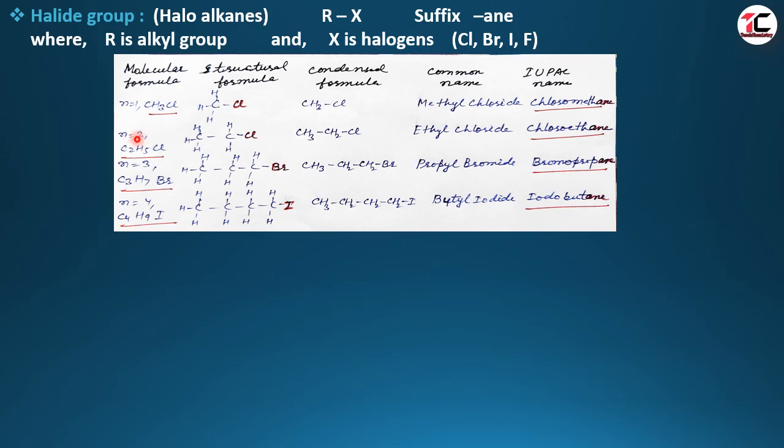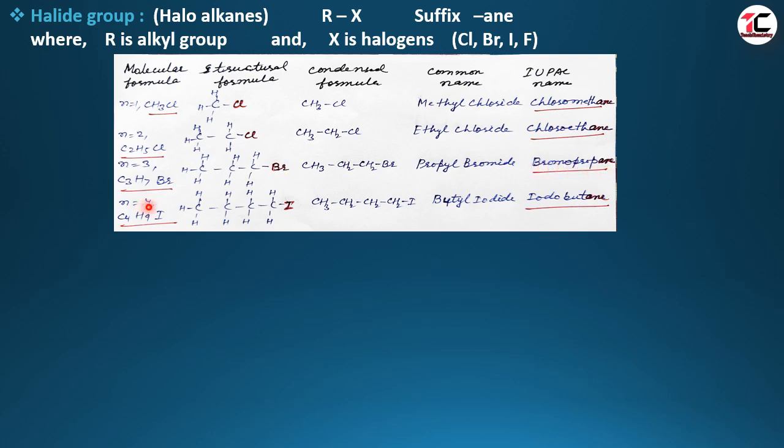For 2 carbon atoms, molecular formula is C2H5Cl. Its condensed formula will be CH3CH2Cl. Its common name is ethyl chloride and IUPAC name is chloroethane. Similarly, for 3 carbon atoms, and suppose we take bromine in place of chlorine, then its common name becomes propyl bromide, as we have taken bromine as the functional group, and its IUPAC name is bromopropane.